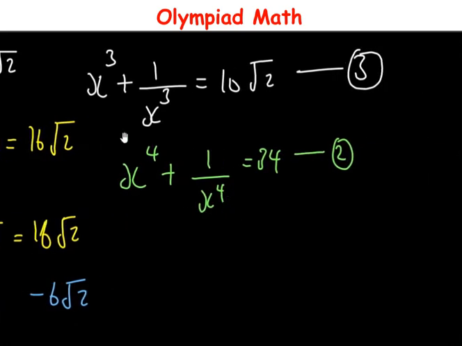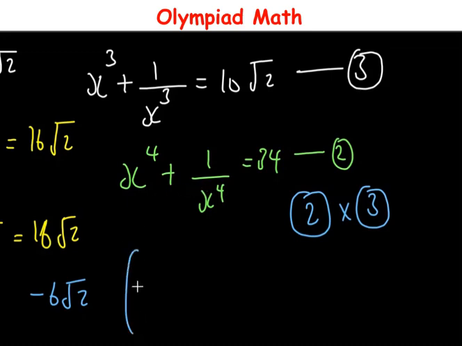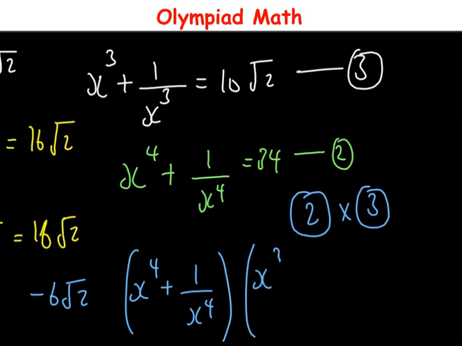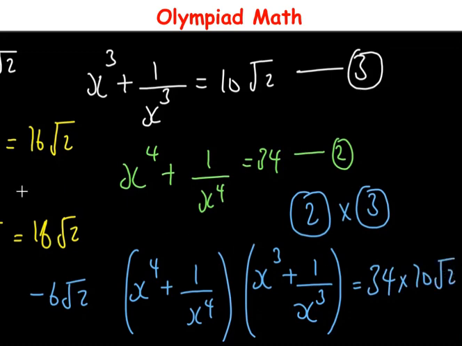Now, the next thing we're going to do is to multiply equation 2 and equation 3. Equation 2 is in brackets x raised to power 4 plus 1 over x raised to power 4, multiplied by equation 3, which is x raised to power 3 plus 1 over x raised to power 3, equals 34 times 10 root 2.